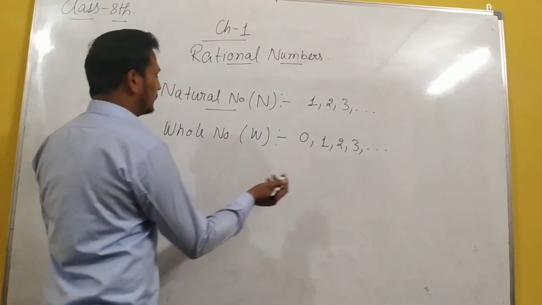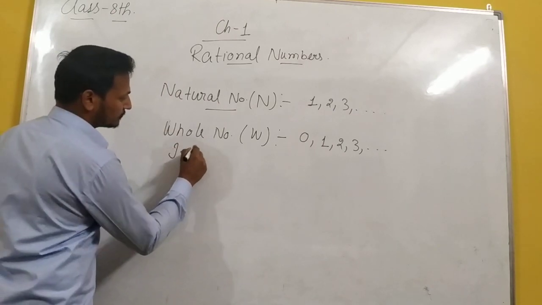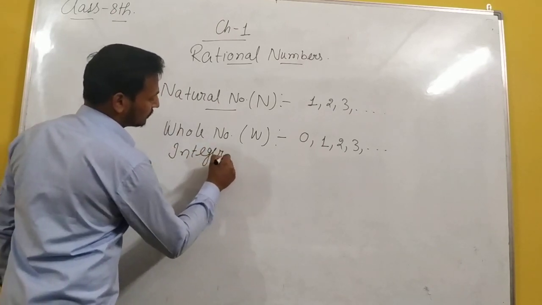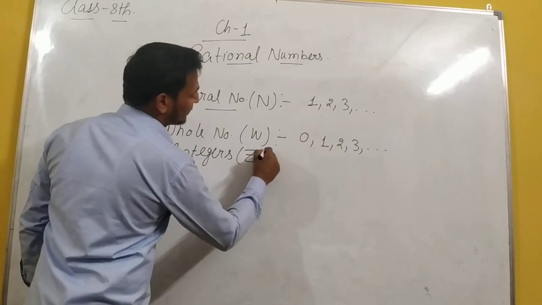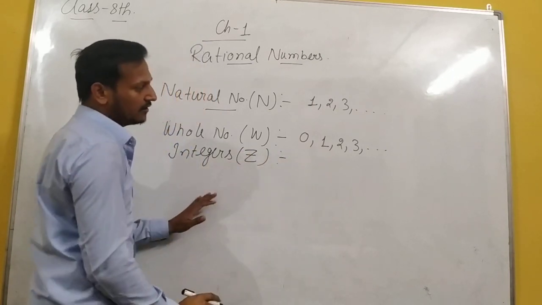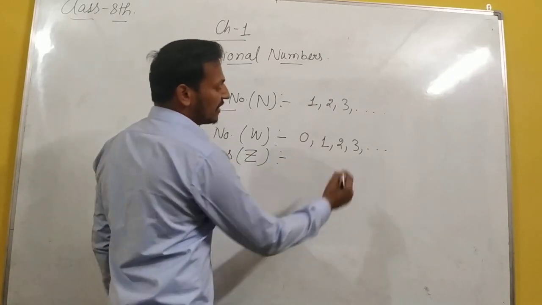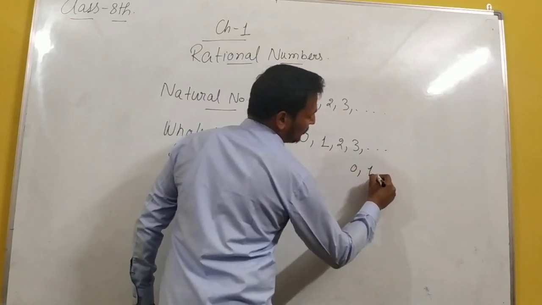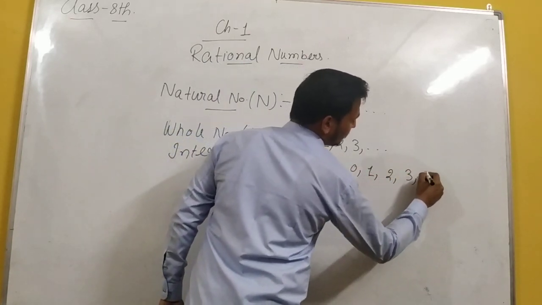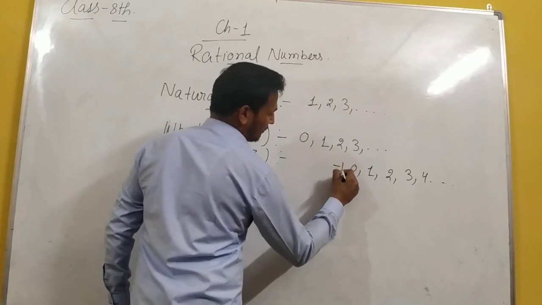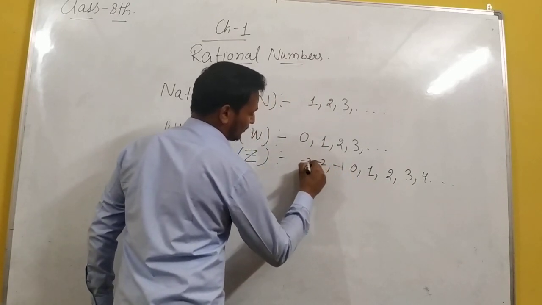Okay. Our next system is integers. Integers are represented by capital letter Z, and what do integers contain? It contains counting with positive side as well as negative side: -1, -2, -3.